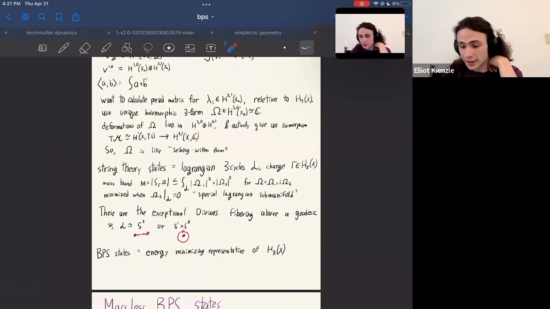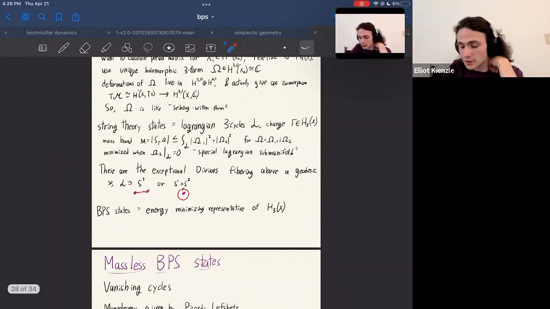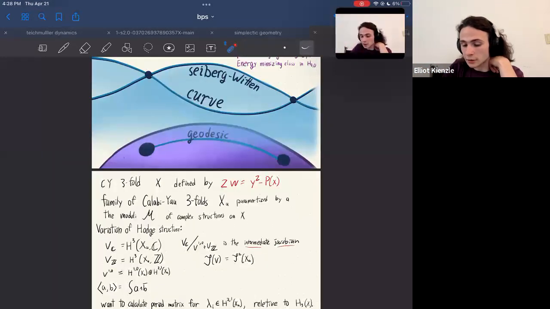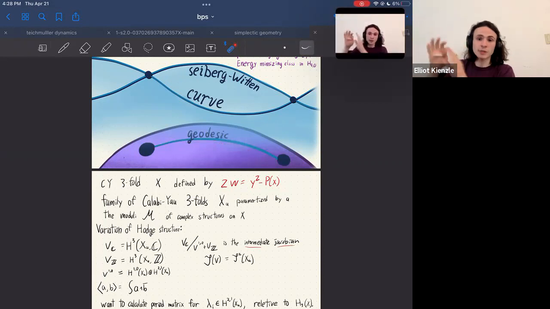So again, same song and dance. We can find an analog of the Seiberg-Witten form. In this case, it's going to be really nice. It's just going to be the unique holomorphic three-form on our Calabi-Yau. And remember, the BPS states on the Seiberg-Witten curves were geodesics, the length-minimizing, energy-minimizing representatives of their homology class.